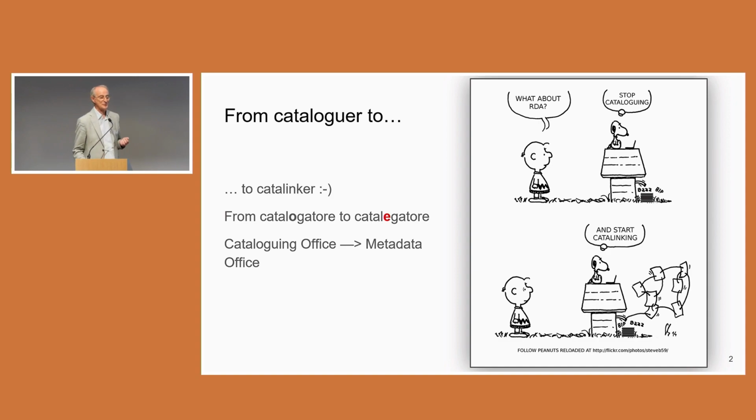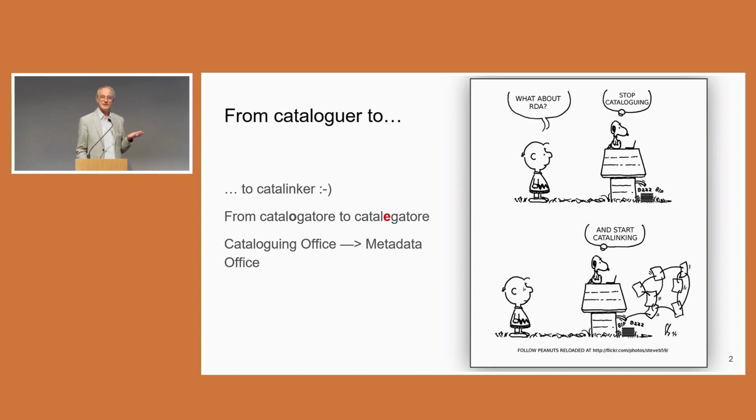I also like to draw a comic. It's very simple in Italian to say we are moving from catalogatore to catalegatore. That is in English from cataloger to catalinker, but in Italian it's better.